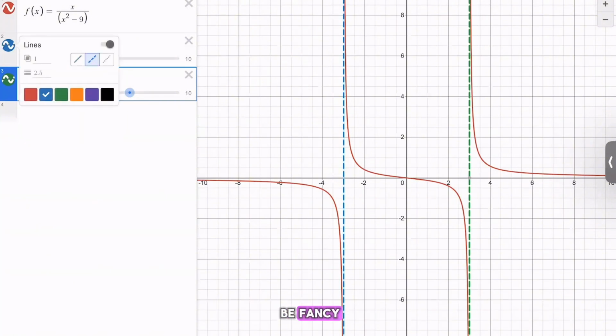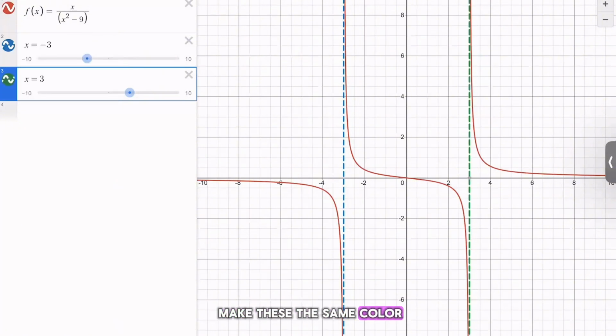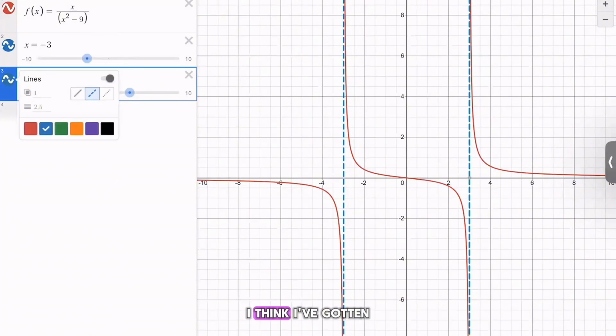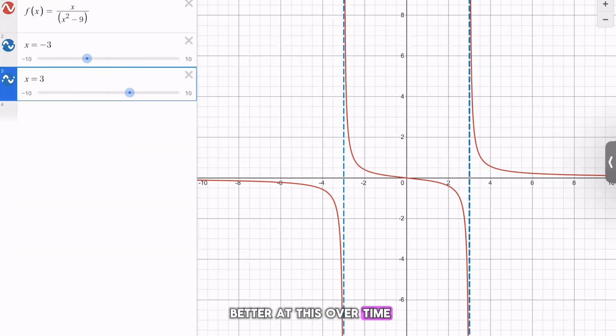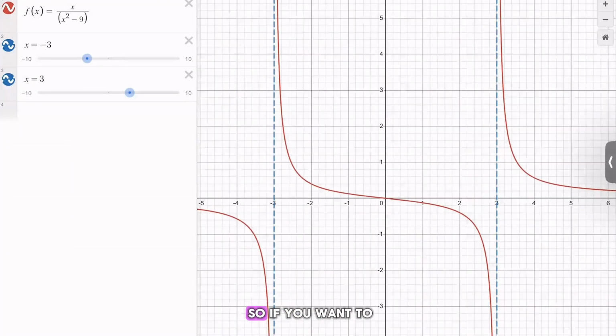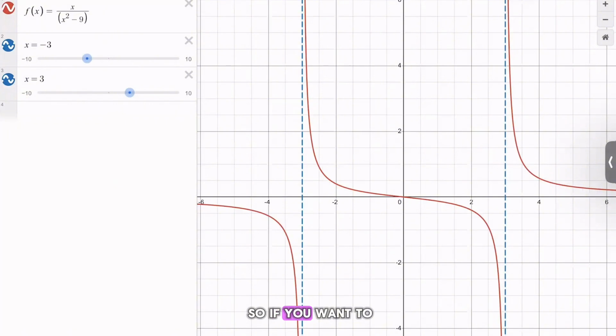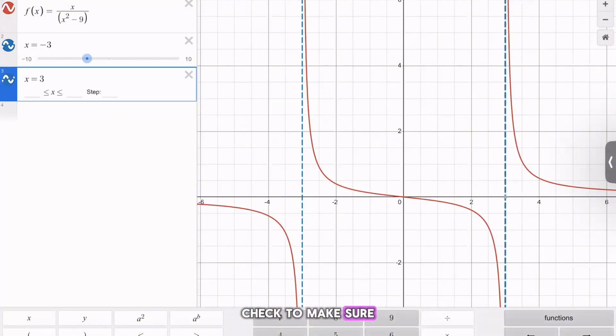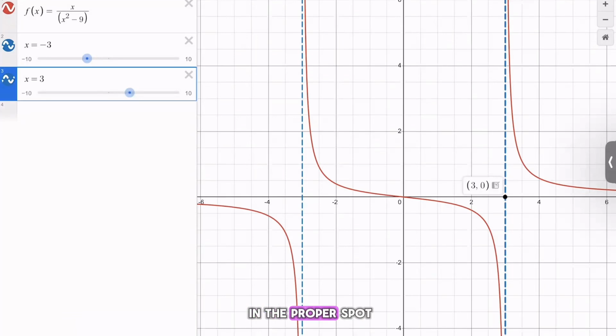If you want to be even more fancy, I think you can make these the same color. I think I've gotten better at this over time, especially on the iPad. If you want to check to make sure that you put these in the proper spot, you can also label them.